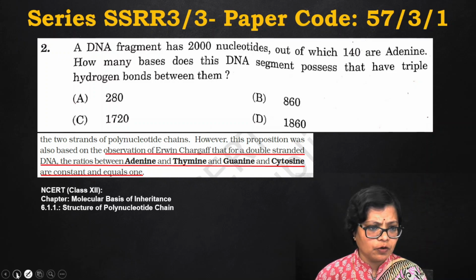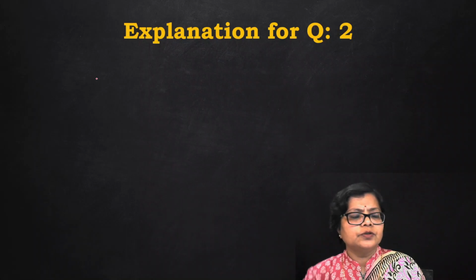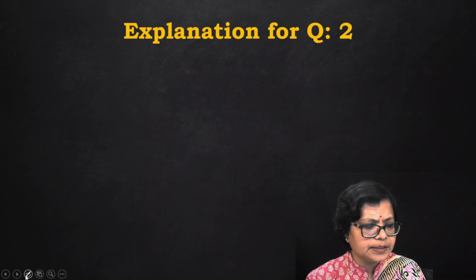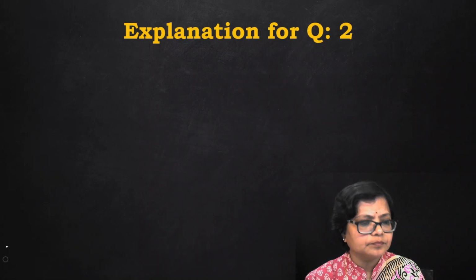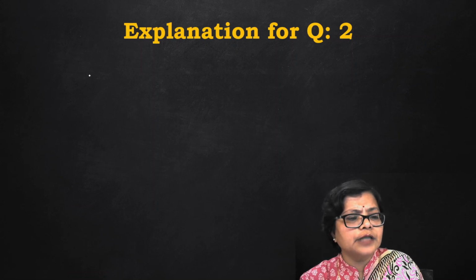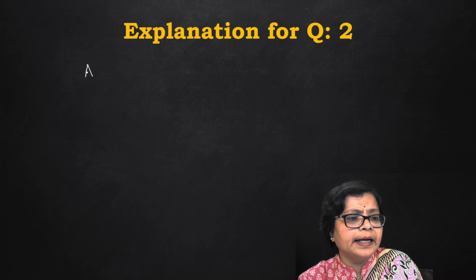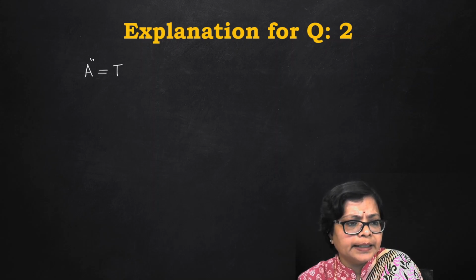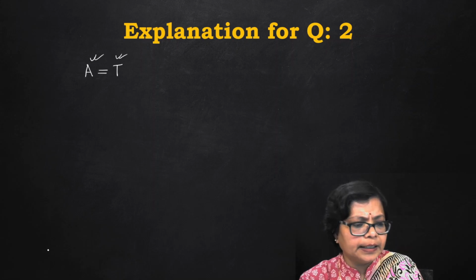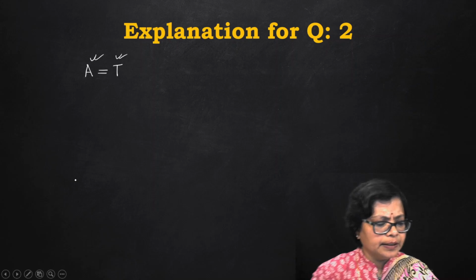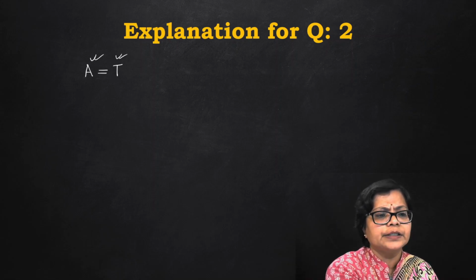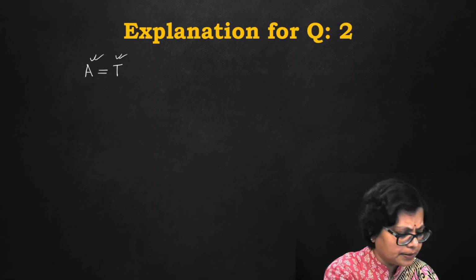So, let's solve it. As per Chargaff's rule, adenine forms a double hydrogen bond with thymine. The number of adenine equals thymine, and in the question the number of adenine is given, I think it is 140.